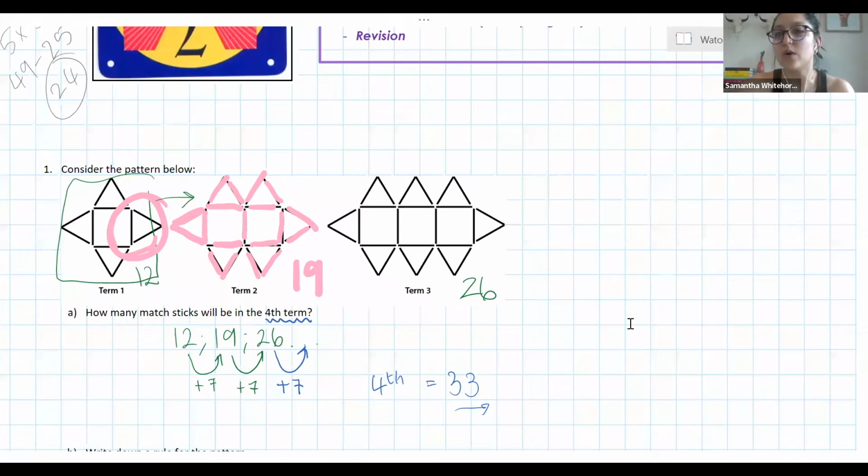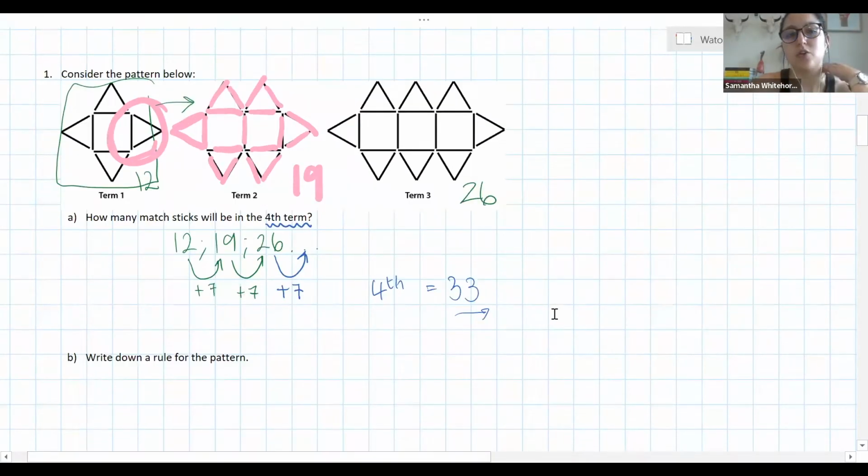So guys, what we can see here is that our pattern is that I'm adding 7 every single time. And this is sort of where we need to go when we start to understand what graphs tell us. So here I'm asking you, what is the rule for this pattern? Now, if you haven't done number patterns, this might be a little bit more challenging. And so again, go and watch the videos on Watobe's website after this lesson.